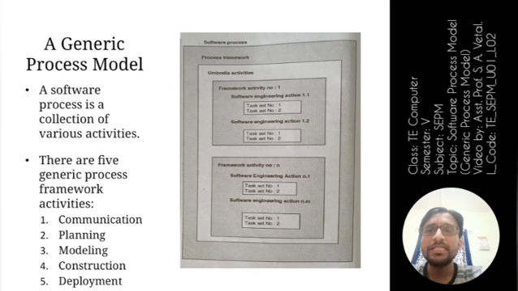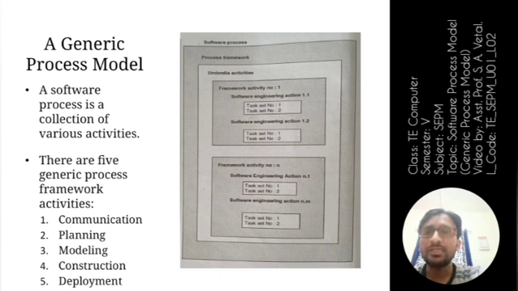Okay, so in the generic process model we have 5 framework activities. The 5 framework activities can be performed to develop a software. What are those activities? The first activity is communication, then second is planning, then modeling, then construction, and the fifth, the important one, is deployment.